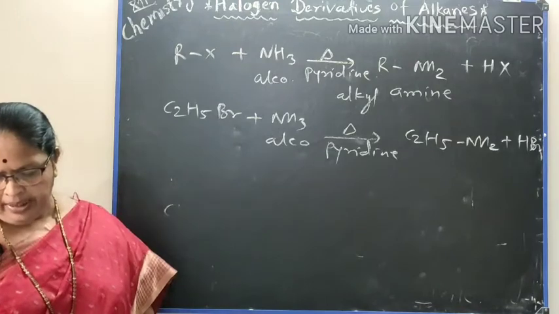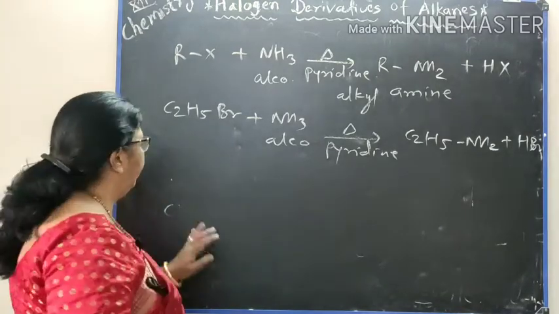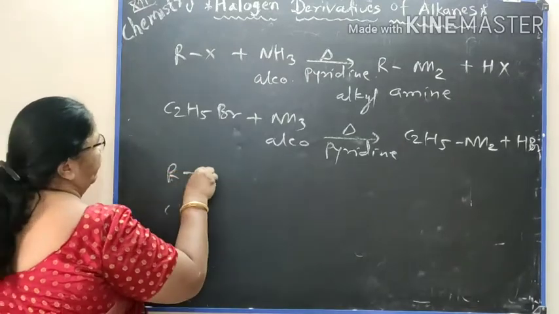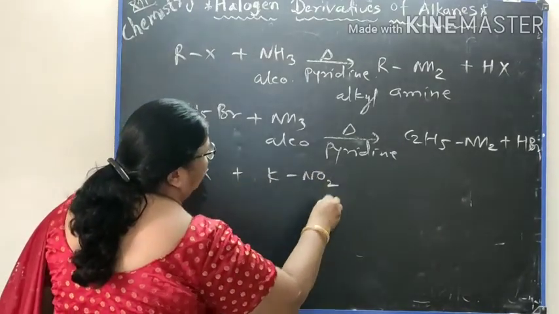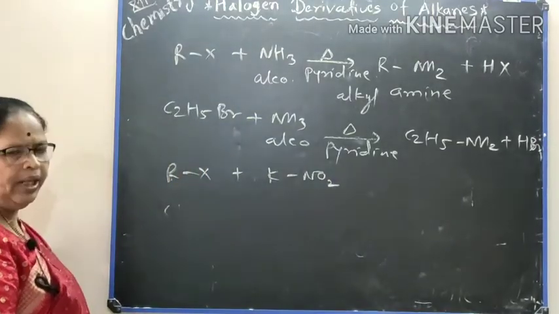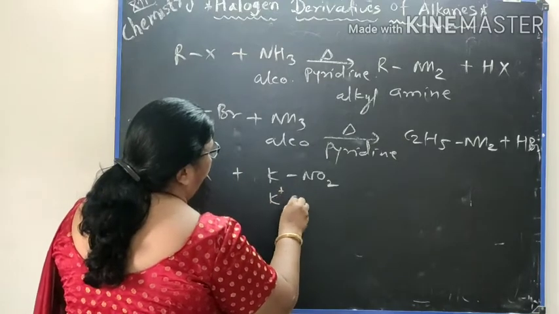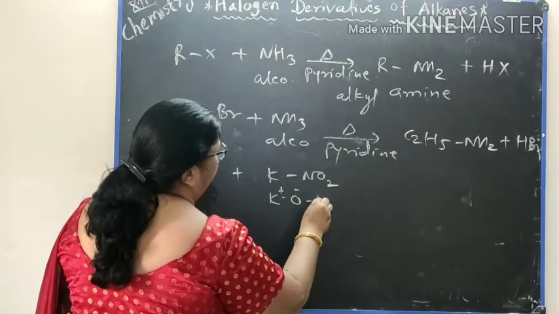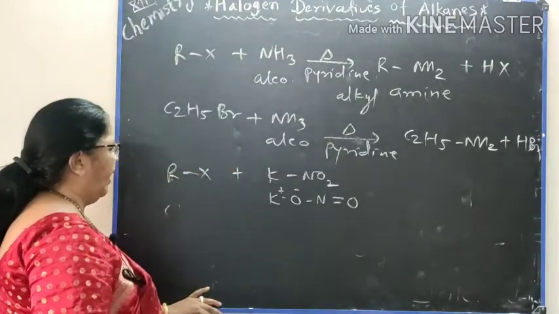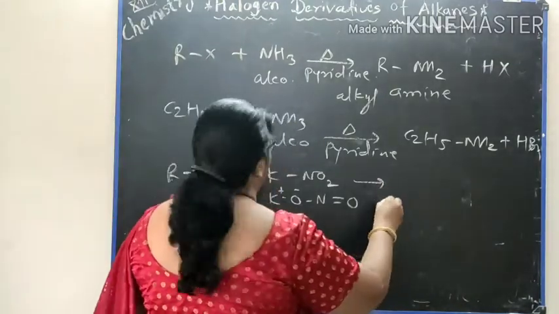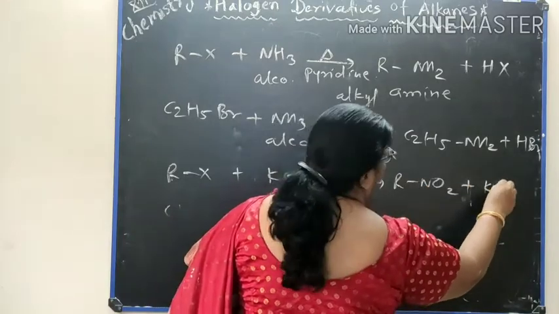Once again, we will see here, when alkyl halide RX is treated with potassium nitrite, KNO2, it is also represented as K plus dash O minus dash N double bond O, potassium nitrite. It mostly produces alkyl nitrite with potassium halide.